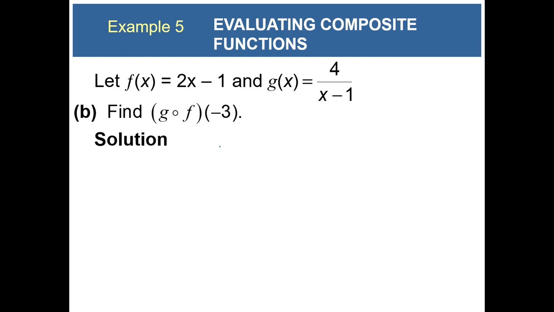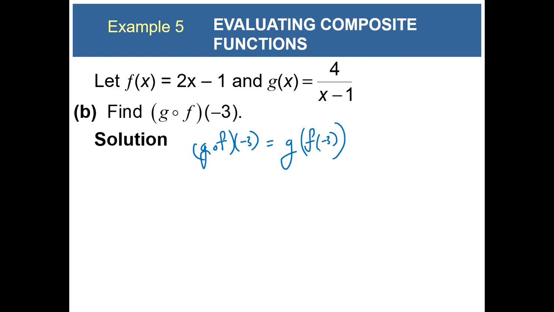Part B, find g of f of negative 3. g of f of negative 3 means we're going to plug in the negative 3 for the function f, and whatever we get for the f of negative 3, we're going to plug that back into g.